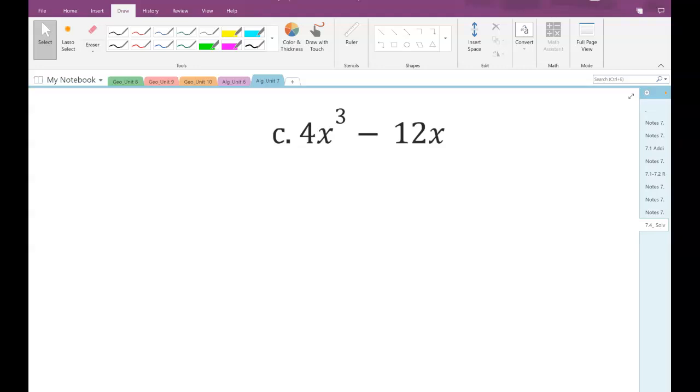In this case it is, but if this was 16 and negative 12, that doesn't mean our GCF is 16. It would still be 4. So our GCF would be 4x, because x is our lowest degree term. We can take an x out of both of these.